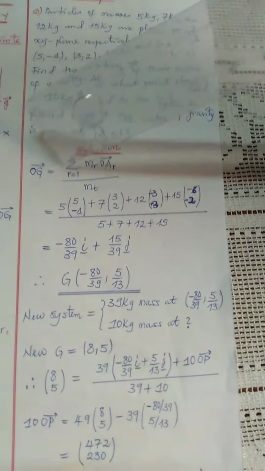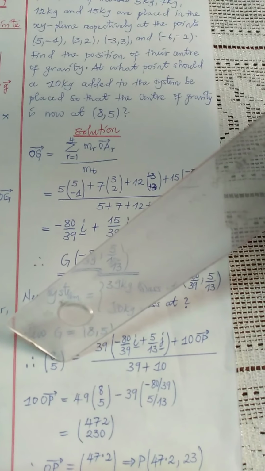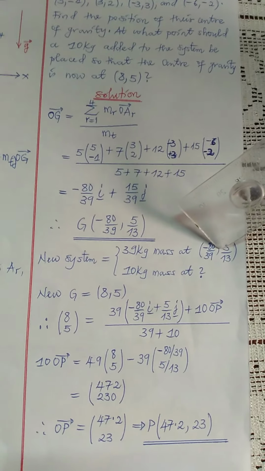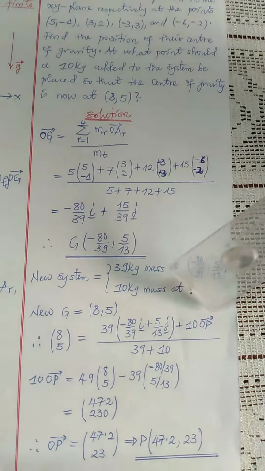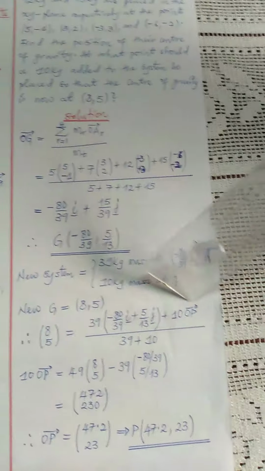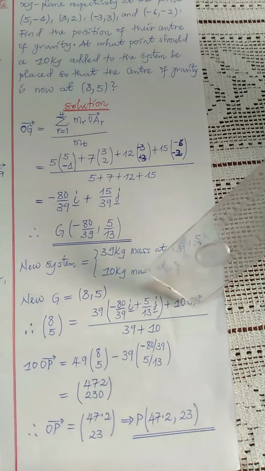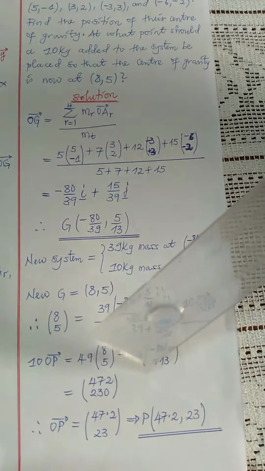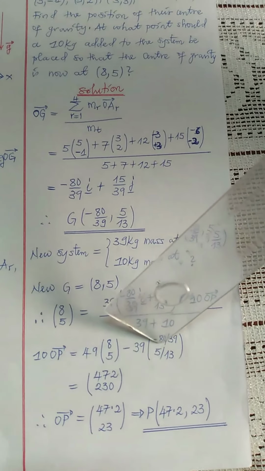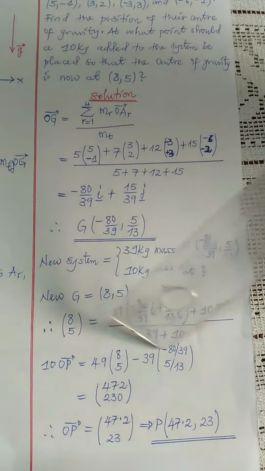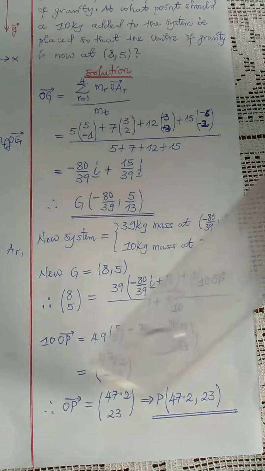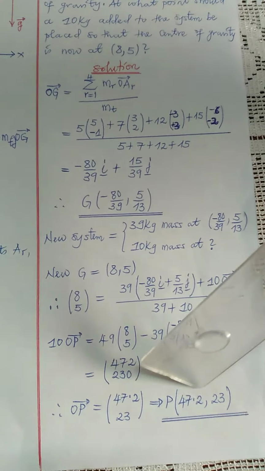So we apply the formula once more. 8.5 OG will be equal to the mass times the position vector plus the 10 kg times its unknown position vector, which we shall call here OP, assuming that P is a point, all over the sum of the masses. So from there we cross multiply and then we make OP the subject, then we solve for OP. OP gives us a point 47.223.